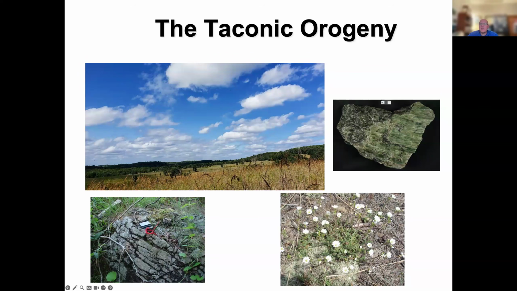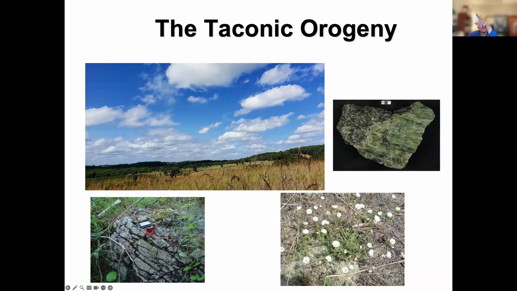Speaking of these specialized plants and specialized rocks, here's the one that I know everybody in this room is familiar with. Here is in the lower right-hand corner, the serpentine aster from Soldier's Delight. Actually, that's from Nottingham in Pennsylvania, that photograph. The upper left-hand photograph is Soldier's Delight. The lower left is going to be Lake Roland off of Falls Road, that I'm sure some of you are familiar with.